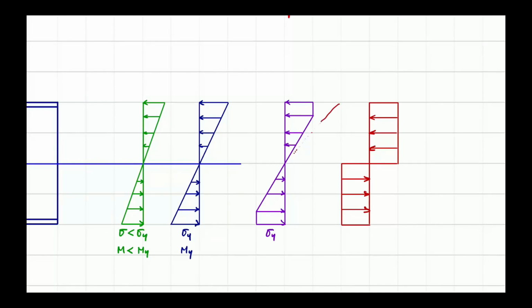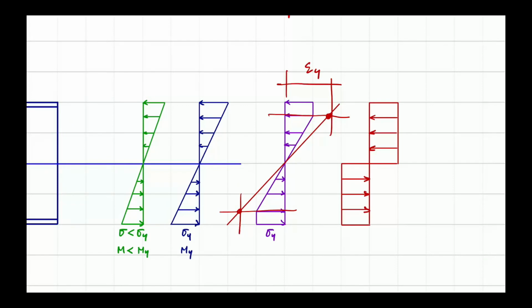So the strain diagram is going to look pretty much like this. And at the point here, which corresponds to this and this, you exceed epsilon y. So once you exceed epsilon y, you cannot get anything more than sigma y. Same over here.